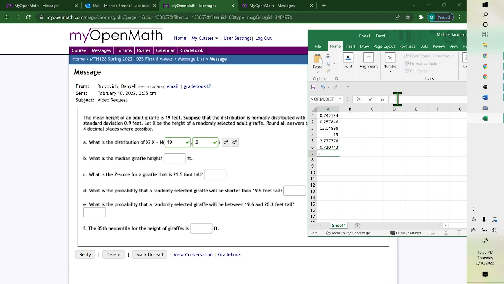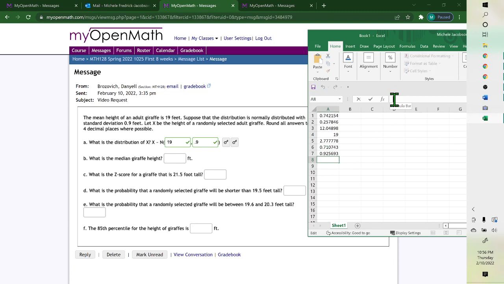So it's equals norm. We want the distribution. Double click it. X was 20.3, comma 19 for my mean, 0.9 for my standard deviation, and 1 for cumulative.